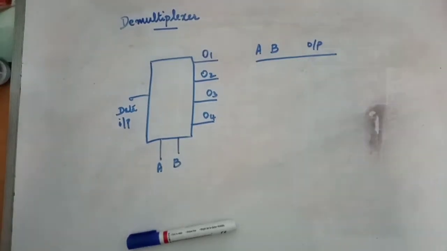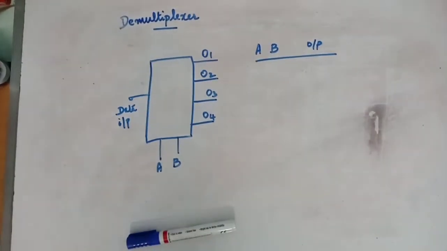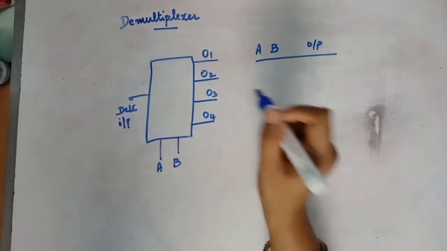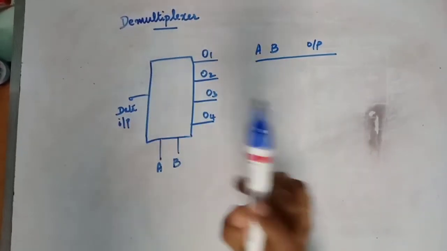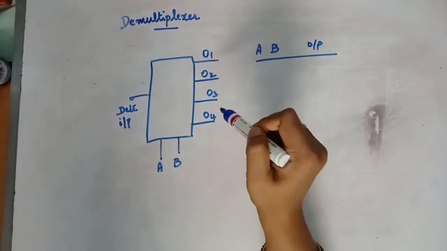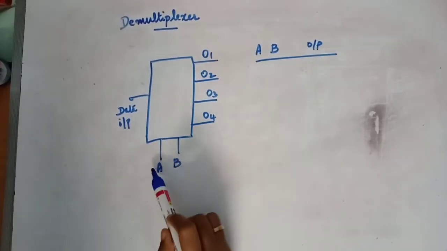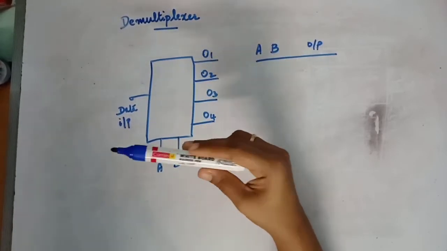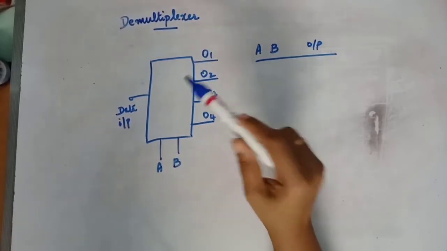Next we have the demultiplexer. Demultiplexer is almost the opposite of a multiplexer. In the case of a demultiplexer, we have one input and many outputs, and select line and output relation is same as the select line input relation of a multiplexer.